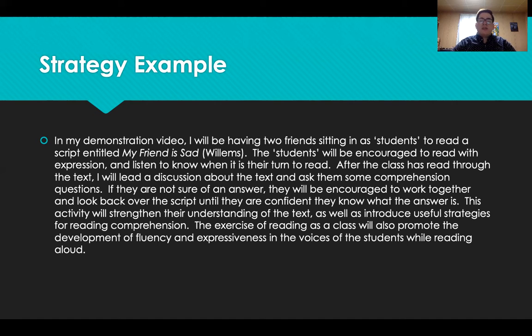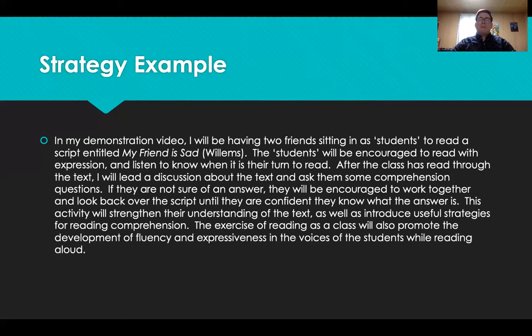If they aren't sure of an answer, they'll be encouraged to talk to each other, ask each other for help, consult the script, and go back and see where certain events happened or what a specific character said in order to show that they understand what happened in the text. This will give them a lot of useful strategies for reading comprehension, connecting the question back to, oh yeah, I remembered that happened, so I can look here and be confident in the answer that I'm giving.